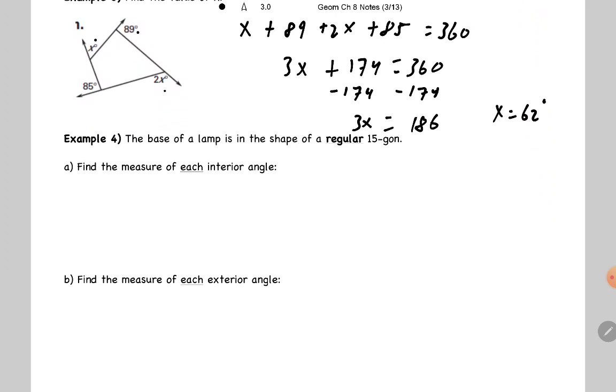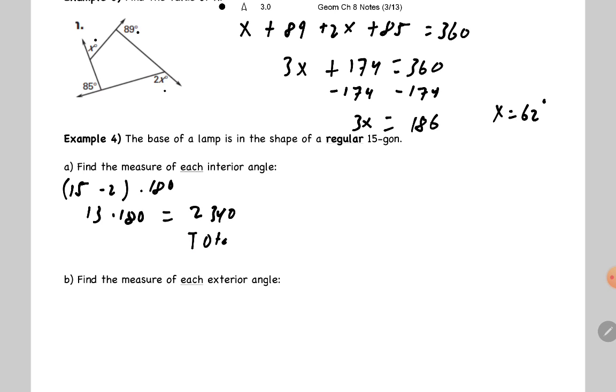The base of a lamp is in the shape of a regular 15-gon. They want to find the measure of each interior angle. First we're going to find the total: 15 sides minus 2 times 180. So 13 times 180 is equal to 2,340.